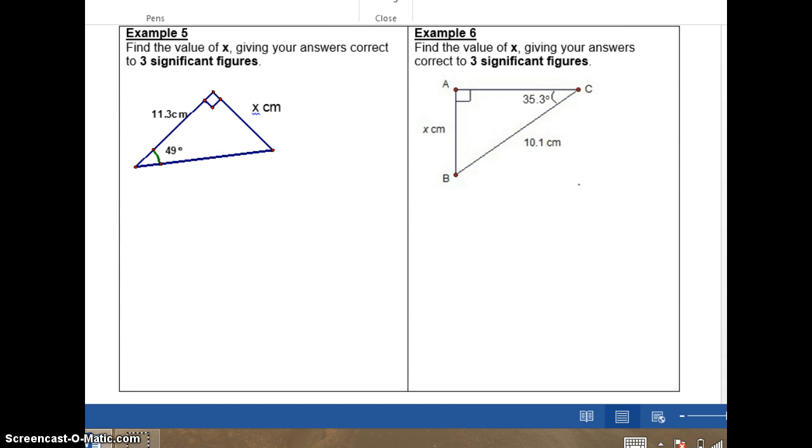Let's look at example 5. First step is to identify the reference angle, and now we will have to label the hypotenuse, the opposite, and lastly the adjacent.